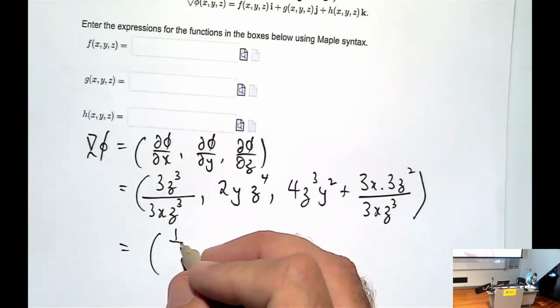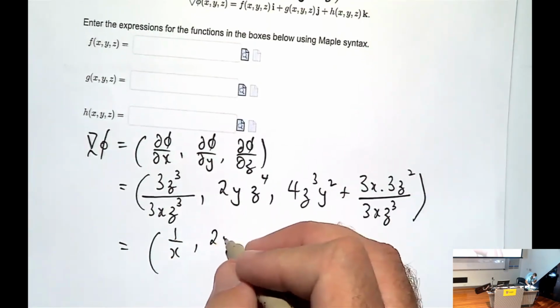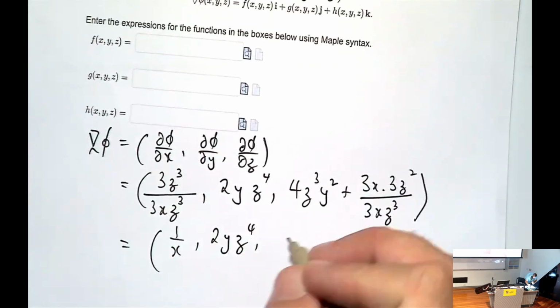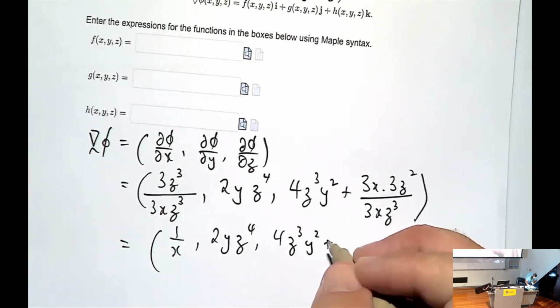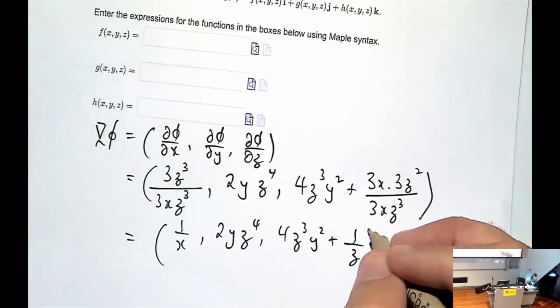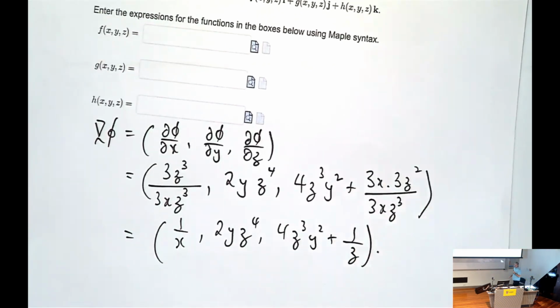So the first one's going to be 1 on x. Something like that. So it's a bit of a mess, but we can get there, we can put in the components and we're done.